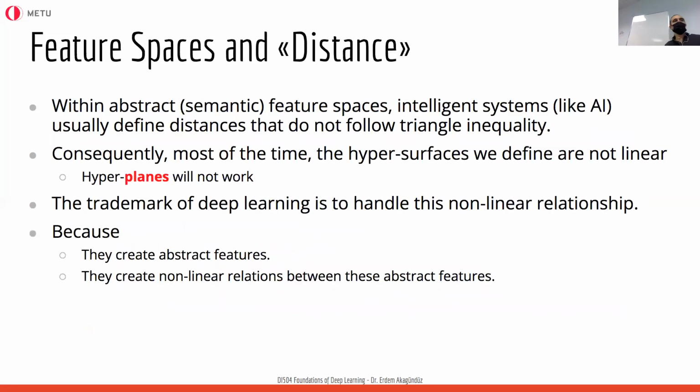So within abstract semantic feature spaces, intelligent systems like AI or you guys usually define distances that do not follow triangle inequality. Consequently, most of the time, the hypersurfaces we define are not linear. So when you don't have a triangle inequality in your space, the type of decision surfaces you construct becomes more complex.